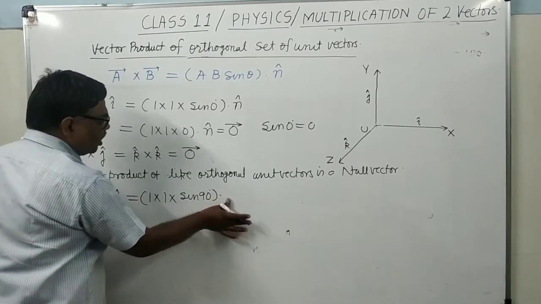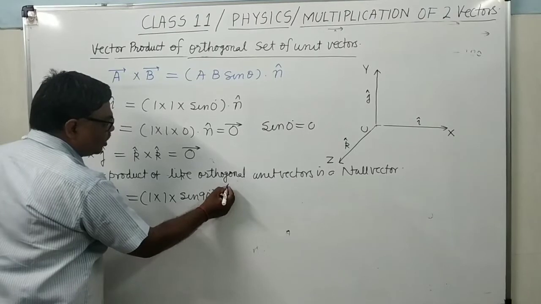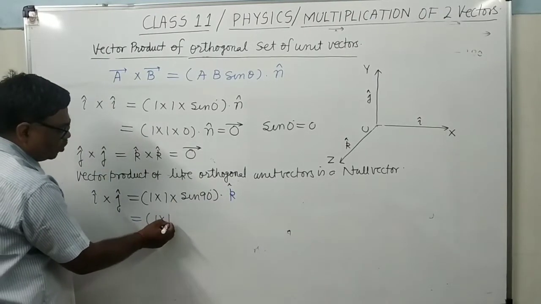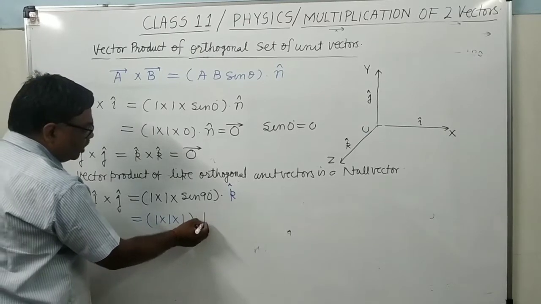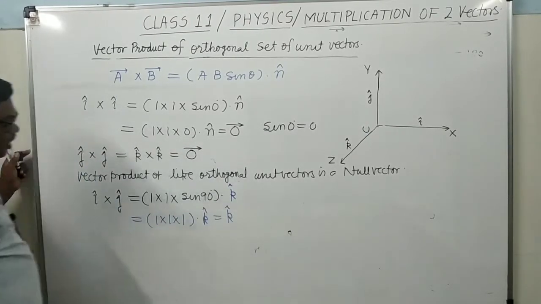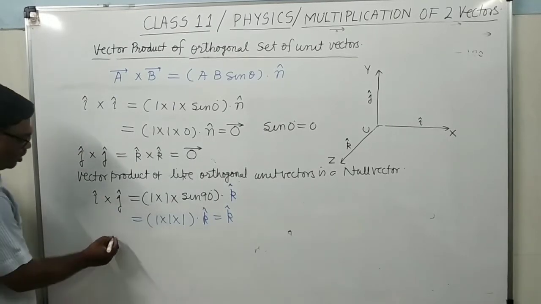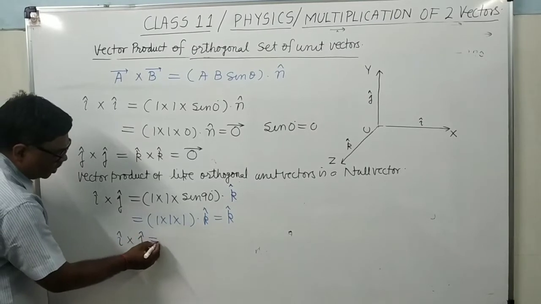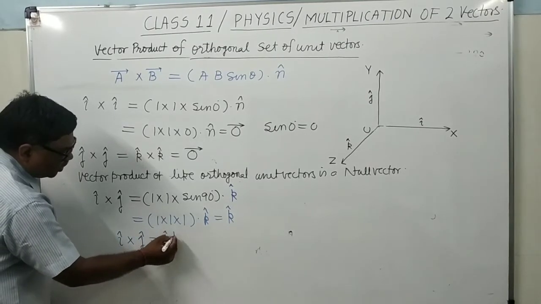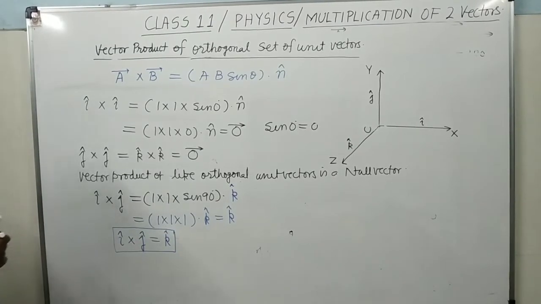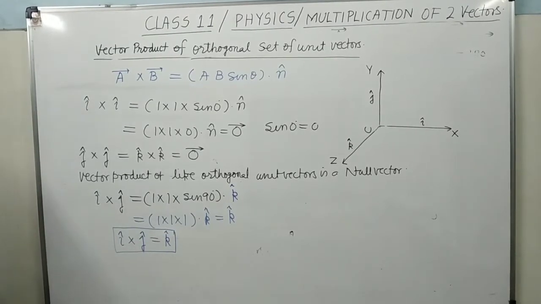So in place of this you write unit vector k. The whole thing becomes 1 into sine 90 into 1 into unit vector k, which equals unit vector k. So unit vector i cross unit vector j equals unit vector k.